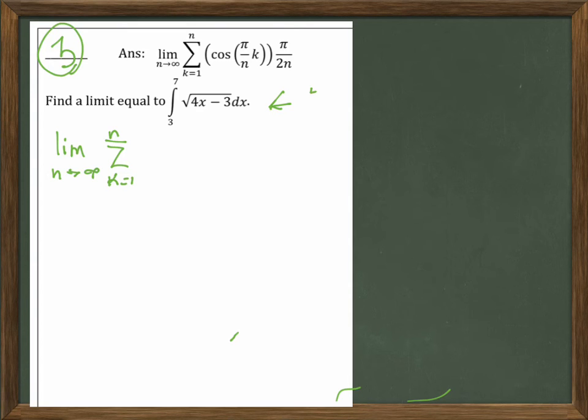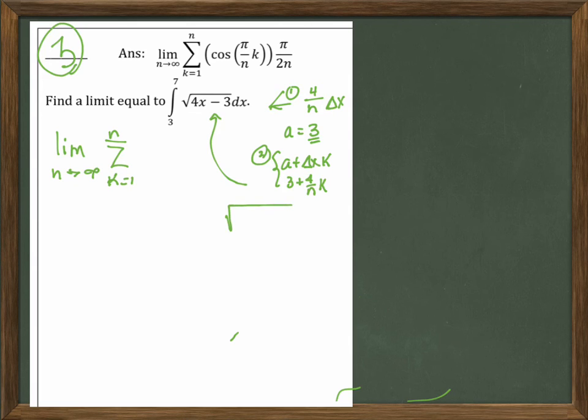We have 4 over n as delta x. But this time a is not 0, a is 3. So when we write our middle, this is number 1, this is number 2. When we write our middle, a plus delta x k, it's 3 plus 4 over n times k. And that has to go up inside that.